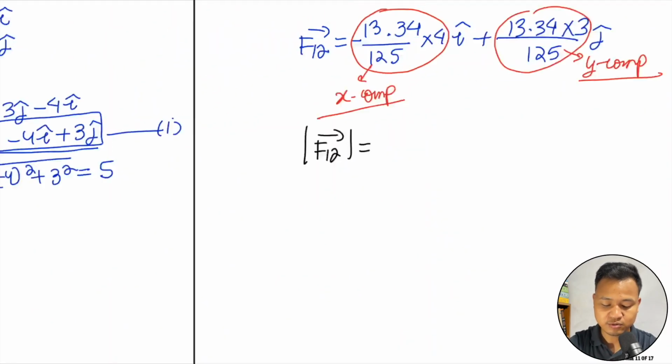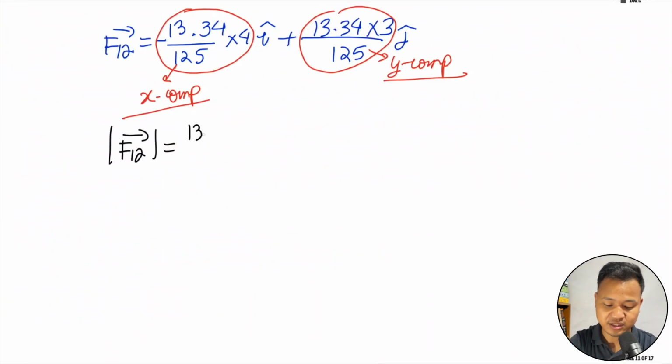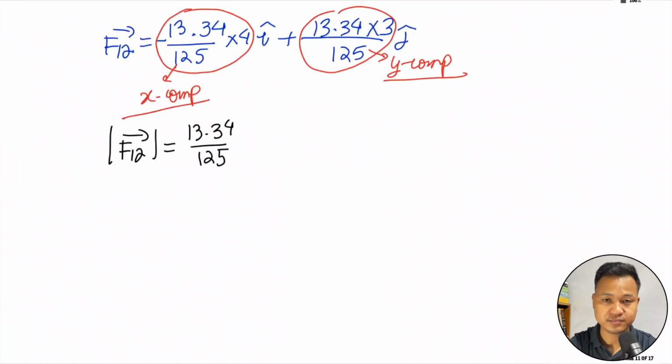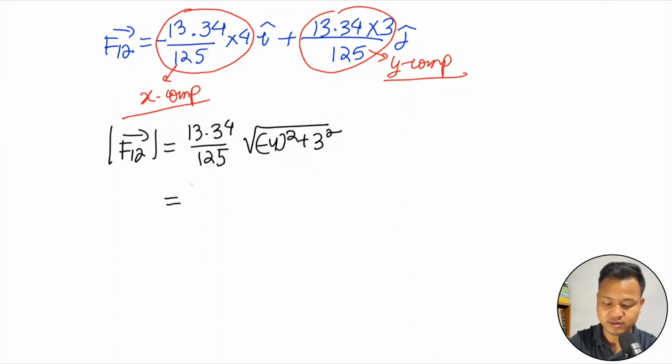So how do you find the magnitude of this force? Here I will have 13.34 divided by 125 into the magnitude, root over minus 4 square plus 3 square. So I will have 13.34 by 125 into 5.